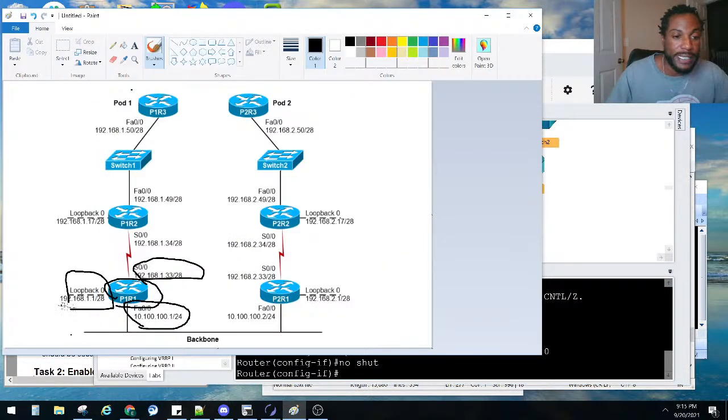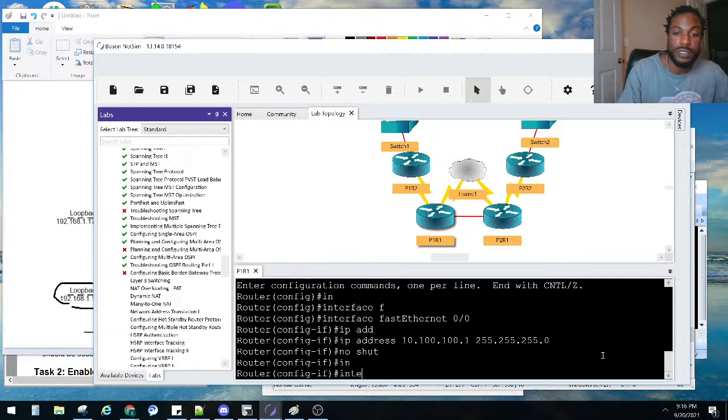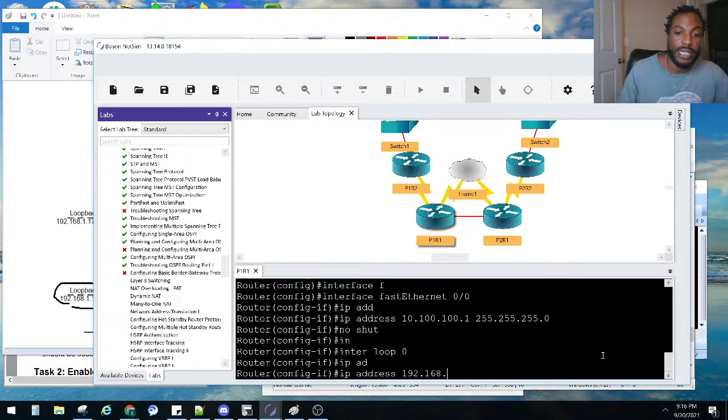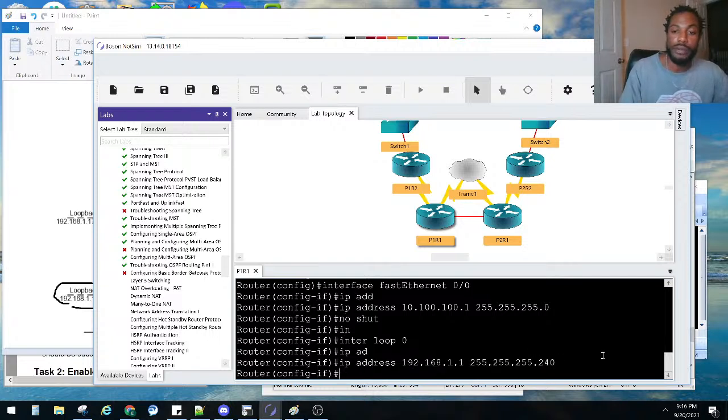The loopback is 192.168.1.1/28, so we got to do the loopback interface, loopback 0. His IP address is 192.168.1.1 with /28, which is 255.255.255.240, right? We ain't got a no shut on that.